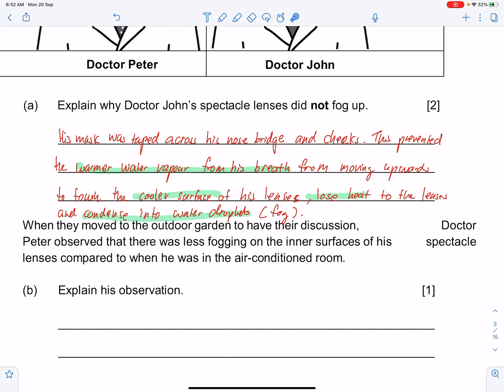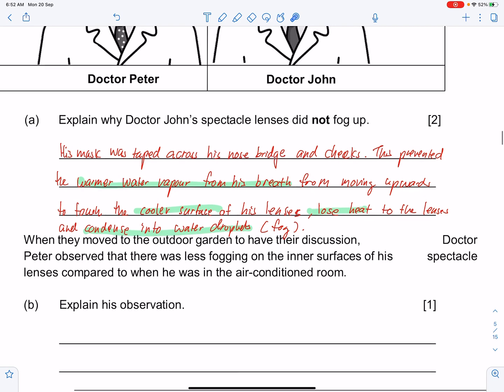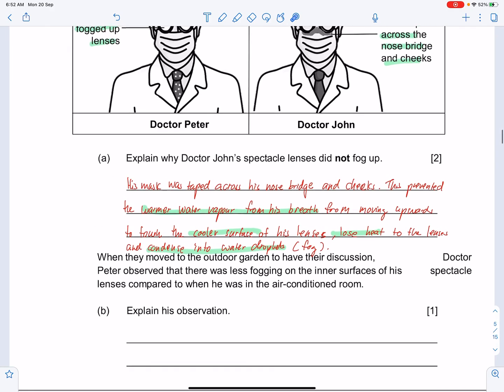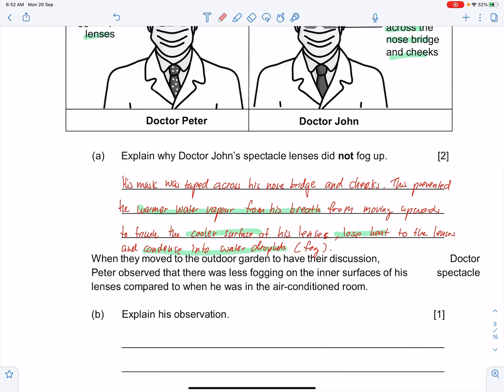So the main idea is because there is now a smaller difference in temperature. So remember, I always explain this to you. Heat gain, heat loss. Heat gain is always from a region of higher temperature to a region of lower temperature. So if the two regions' temperature is of greater difference, then your rate of heat loss will be faster. So think of it as like a gradient.